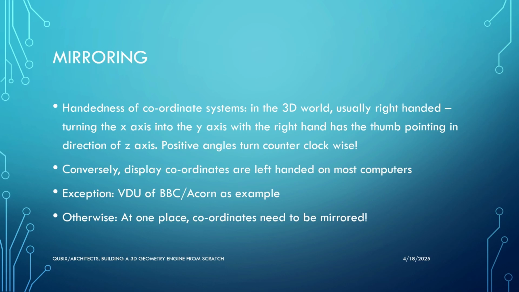What we will also need is mirroring, and this comes with the handedness of coordinate systems. In the 3D world, we usually use a so-called right-handed coordinate system. If we turn the x-axis into the y-axis, the z-axis points along the thumb.